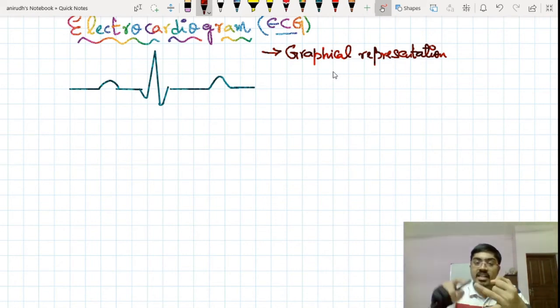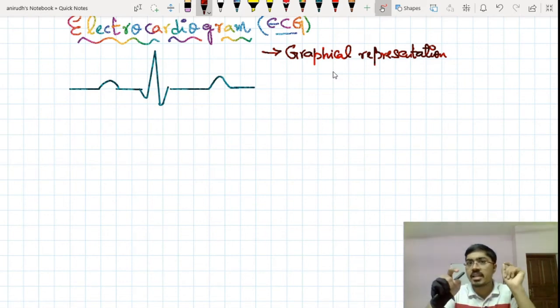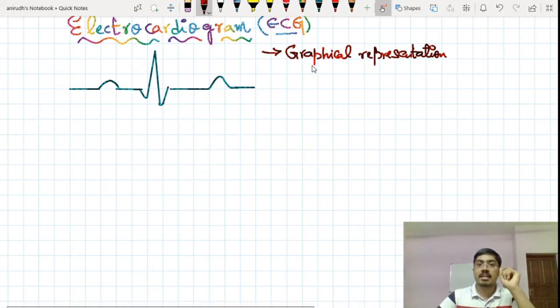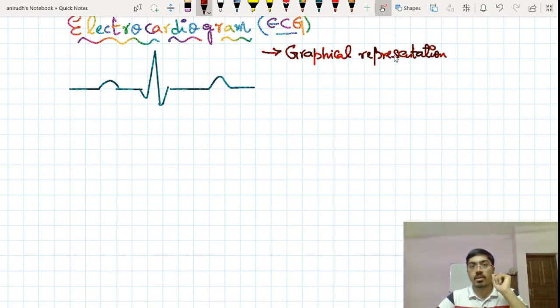Electrical activity means the impulse transmission from the SA node to the bundle of His and Purkinje fibers. That's the electrical activity. Mechanical activity is what comes after the electrical activity as a result of it: contraction and relaxation of the heart. That is the mechanical activity. So you are actually trying to understand the graphical representation of, remember, the electrical activity of the heart.